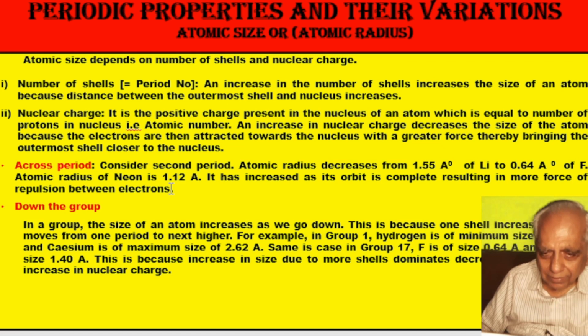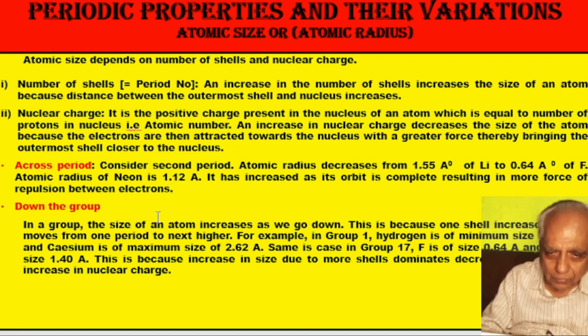Is it all right? Now if we go down the group, then the size of the atom will increase because of more shells. So the radius will increase, the size of the atom will increase. But due to more nuclear charge, electrons will get attracted toward the center, but the dominating factor determining the size of the atom is the increase in the number of shells.